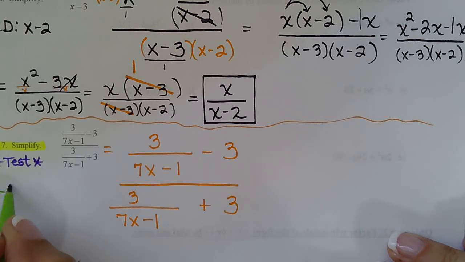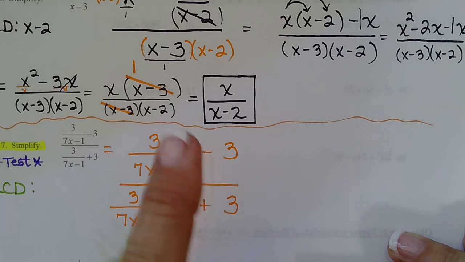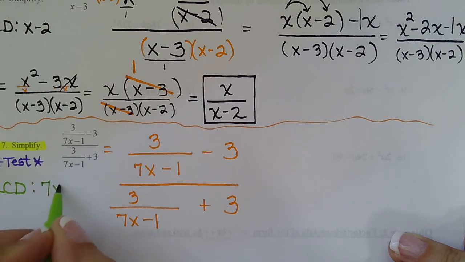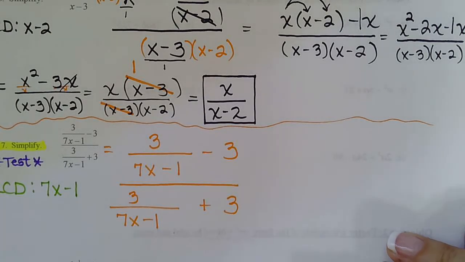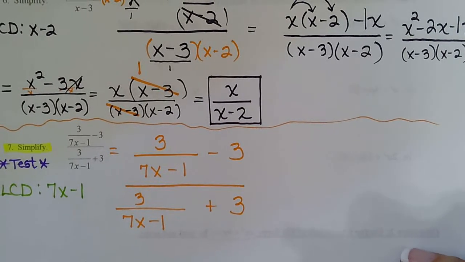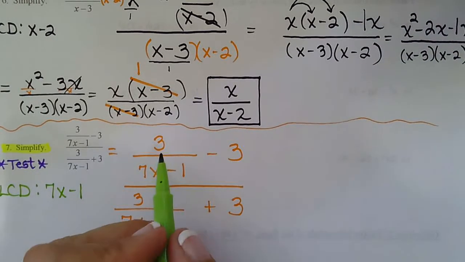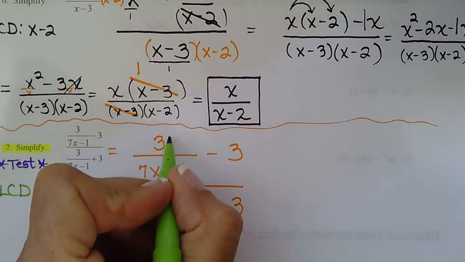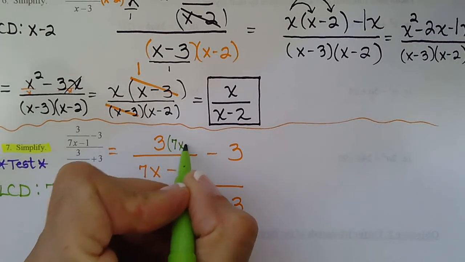Okay, the LCD, 7x minus 1, this is 1, 7x minus 1, this is 1, so LCD, the only denominator in the whole problem besides 1 is 7x minus 1. So next to every single term, and notice there are 4 terms, so beside all 4 terms, I need to write 7x minus 1.